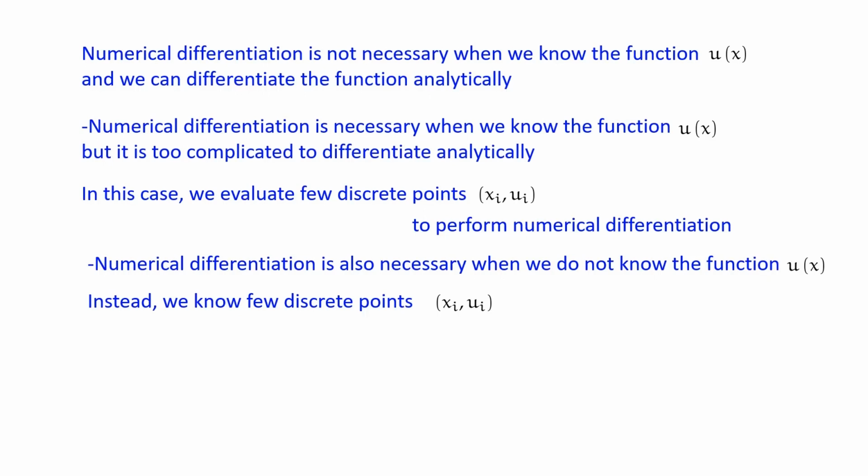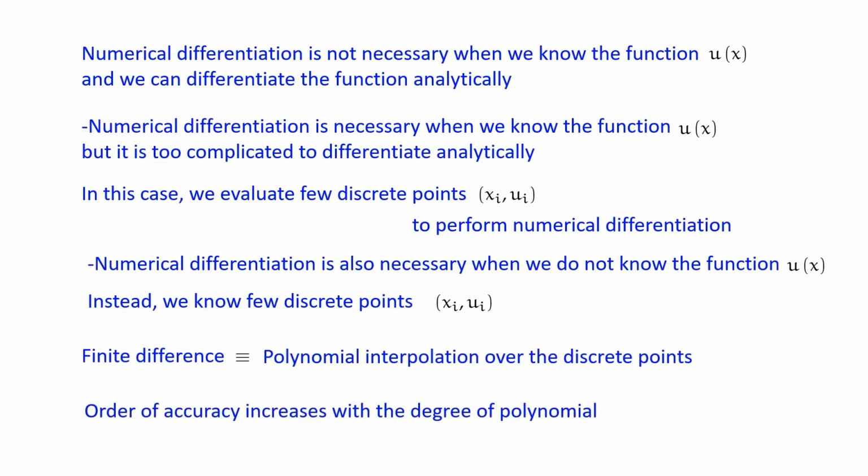And if we have more points, we should be able to fit higher and higher order polynomials. And fitting a higher order polynomial is equivalent to getting derivatives using many more points, which, as we have already seen through our Taylor series analysis, means that the more points we have, the higher the order of accuracy.